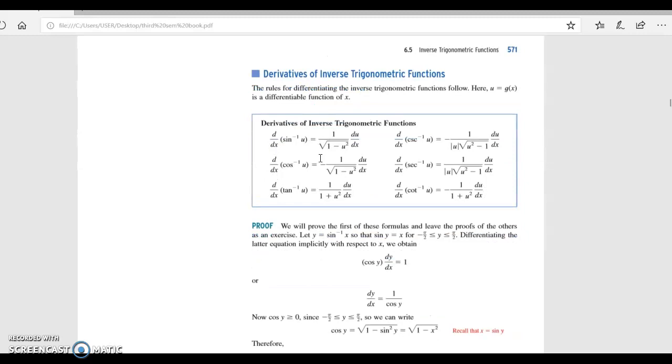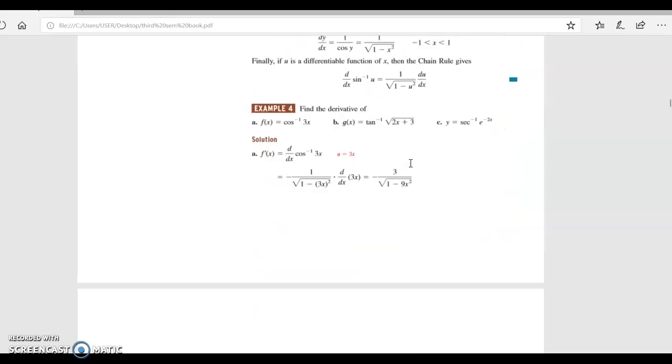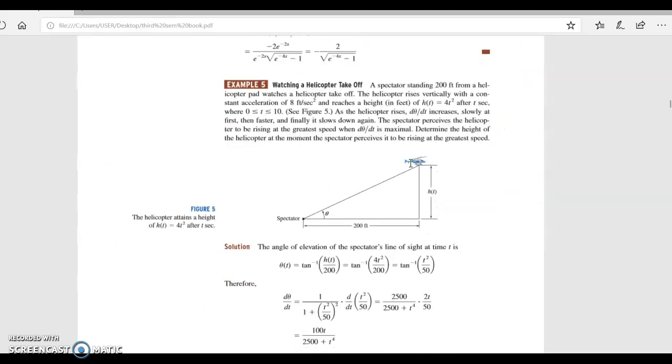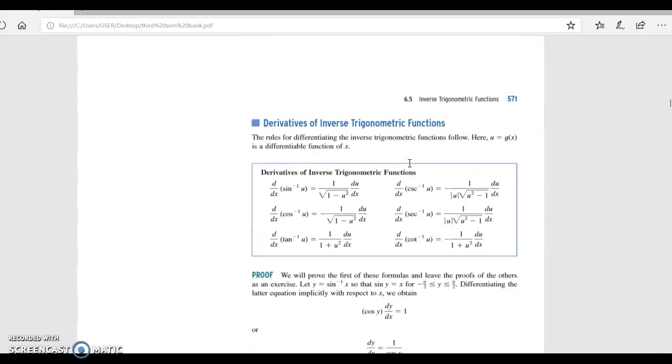Derivative of sine inverse u is 1 by root 1 minus u square into du by dx. What was the derivative of sine inverse x?